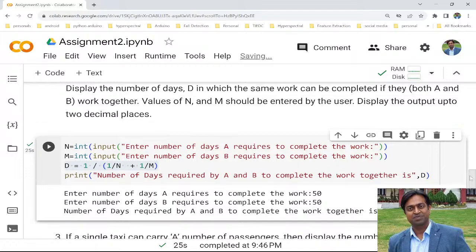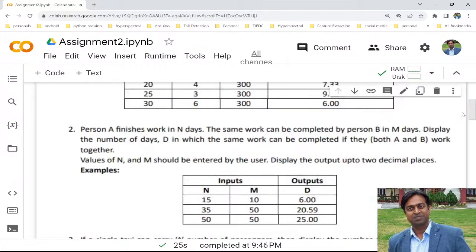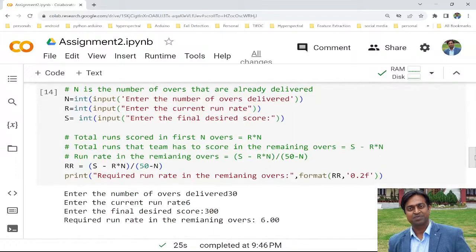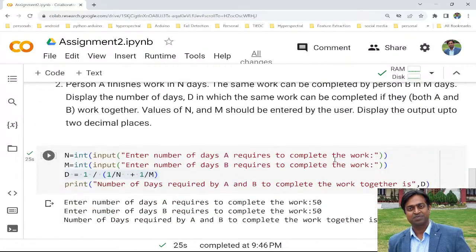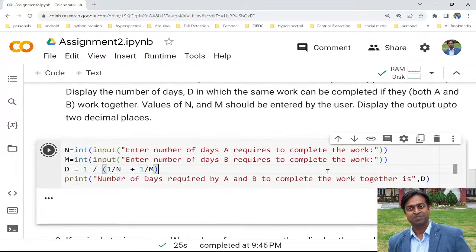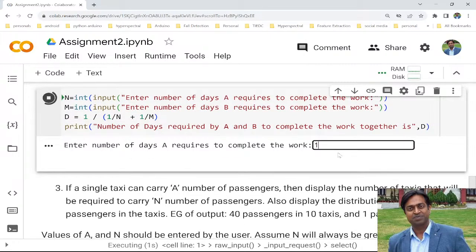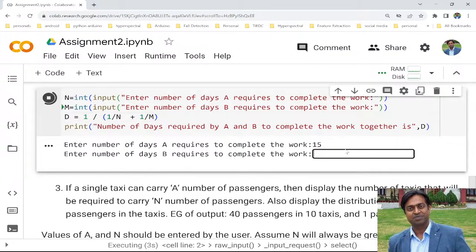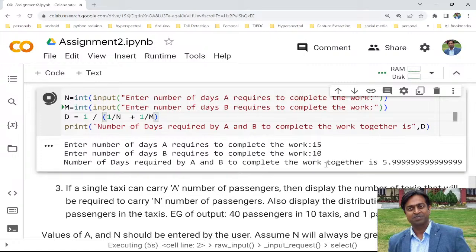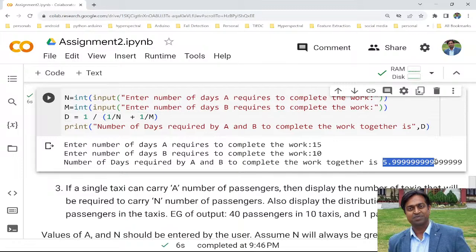So if I go to our problem, the first input is 15 10 and the answer should be 6. So let me enter 15 and 10. If I execute this again, 15, 10, and you can see it is 5.999, which is rounded to 6, right?